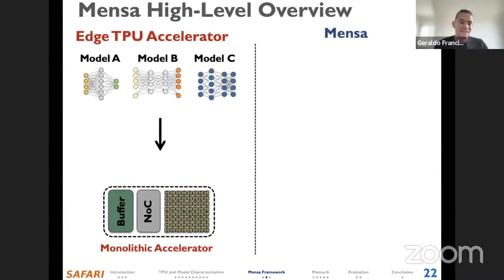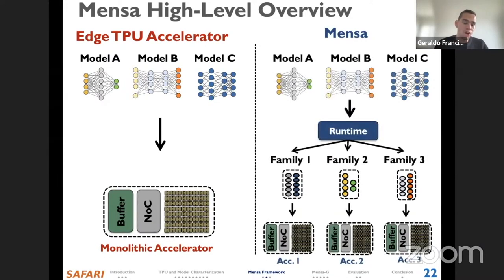So in a baseline system, different machine learning models are executed in a single monolithic edge accelerator, which leads to performance and energy issues. On the other hand, Mensa distributes the layers from a neural network model using a runtime scheduler across a collection of smaller accelerators, which have been tailored for different properties of different layers.